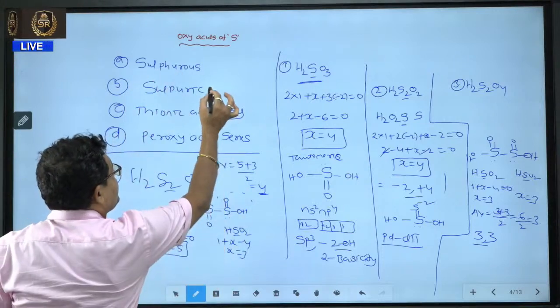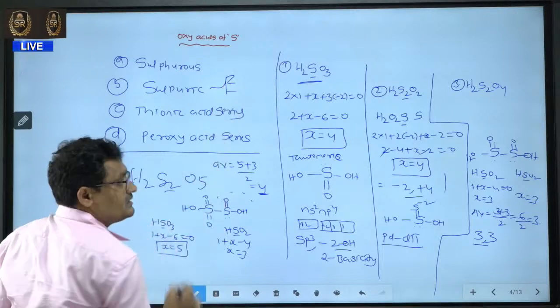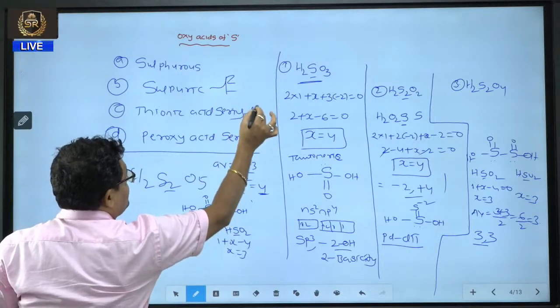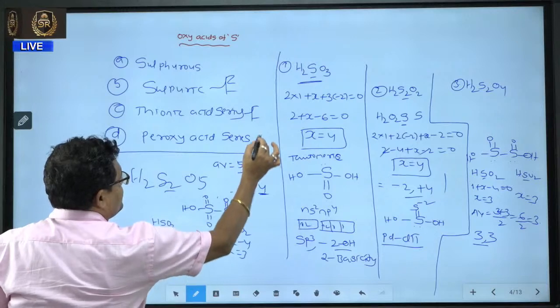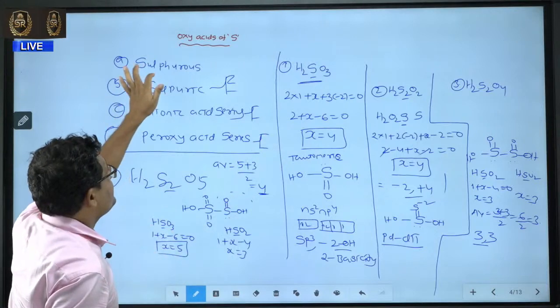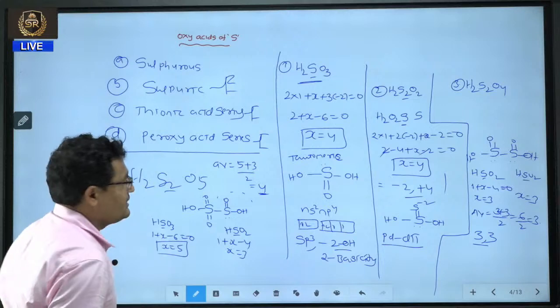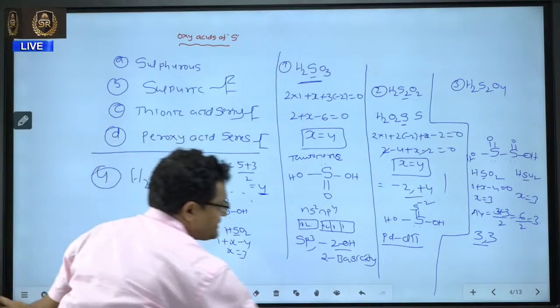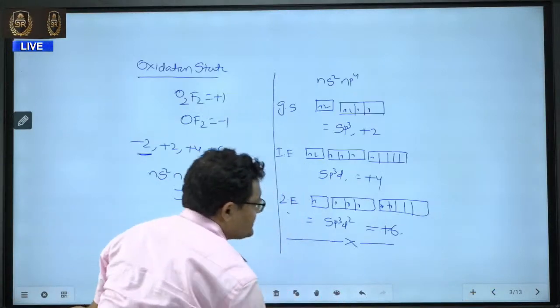Now these sulfur acids are again 3 types. These thiosulfurous acids are 2 type. This is also 2 type. So we already discussed sulfurous acid. Next goes to sulfuric acid. Now what is the sulfuric acid?